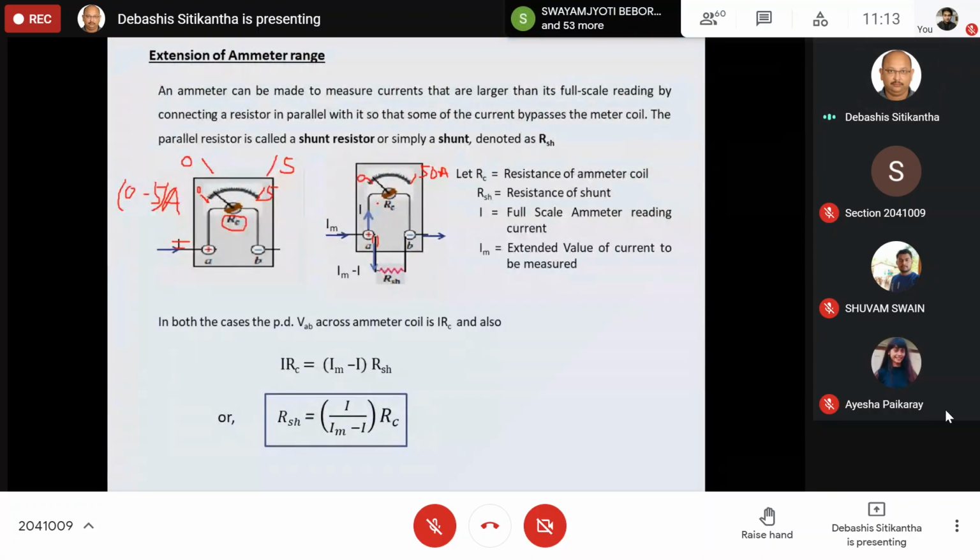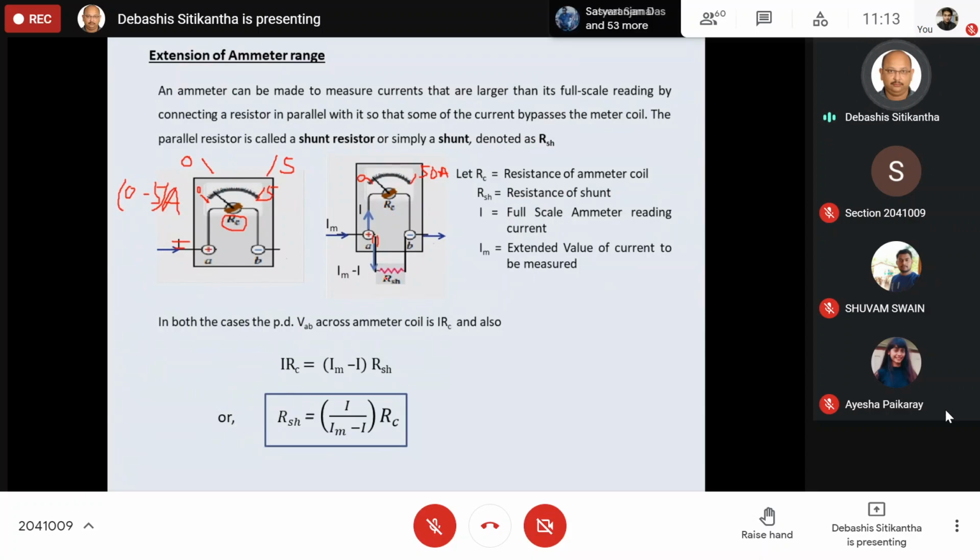Why? Because this ammeter coil resistance is not going to change, and moreover it is designed in such a way that the insulation over this ammeter coil is fixed for a voltage. For example, over here the potential drop is again going to be equal to I into RC.